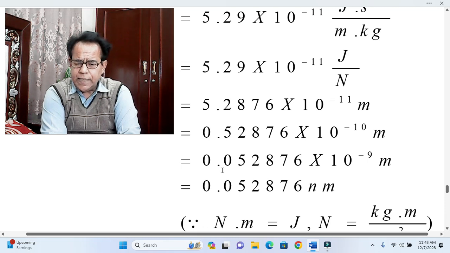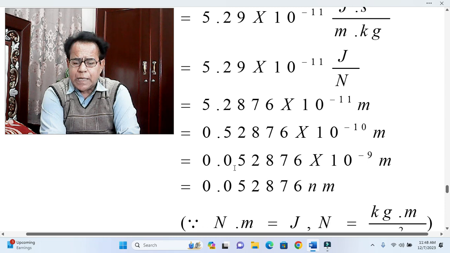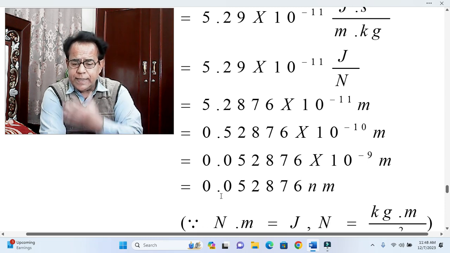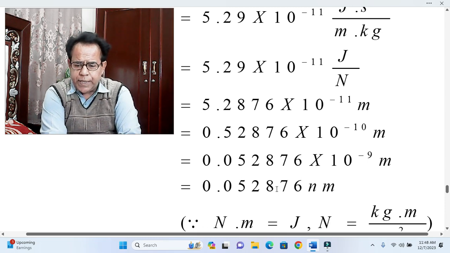So what we have done here, we have shifted the decimal one step back, and in the next step we have shifted it one step more back. That is why 10 raised to the power minus 11 became 10 raised to the power minus 10, and then it became 10 raised to the power minus 9. This is equal to 0.052876 nanometer. Because 10 raised to the power minus 9 is called nano.